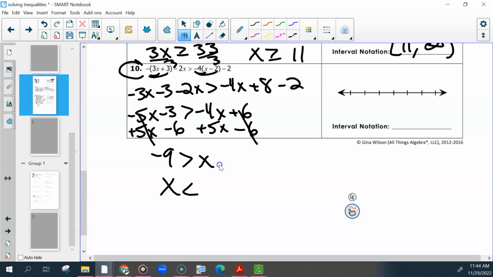So this would also be pointing towards the x. So this would be negative 9 in the middle, with an open circle at negative 9 going to the left.